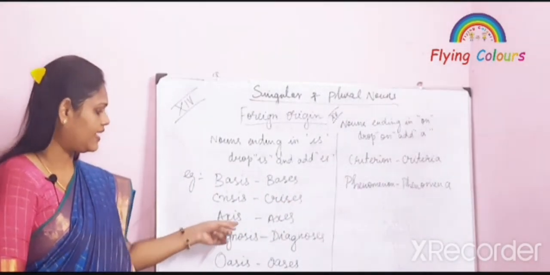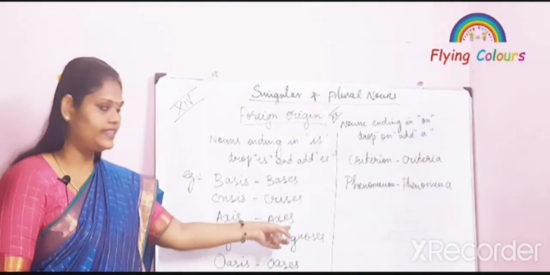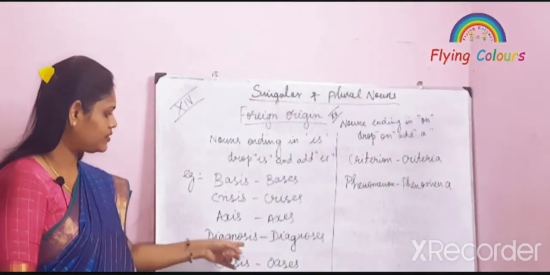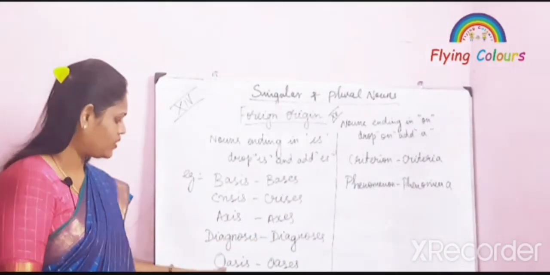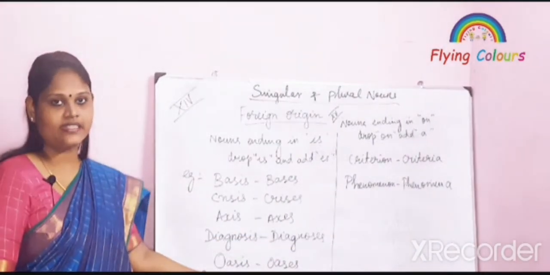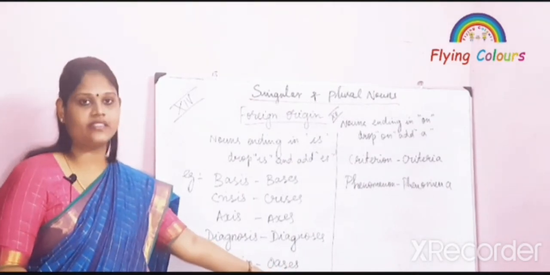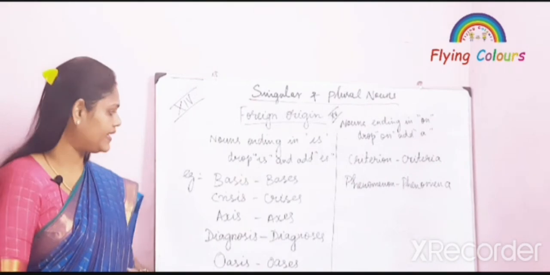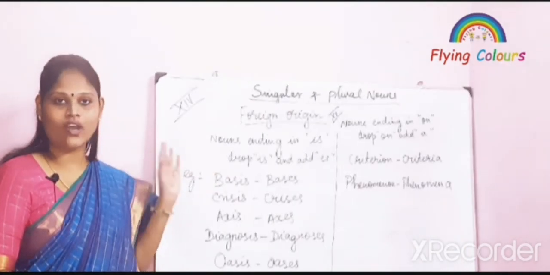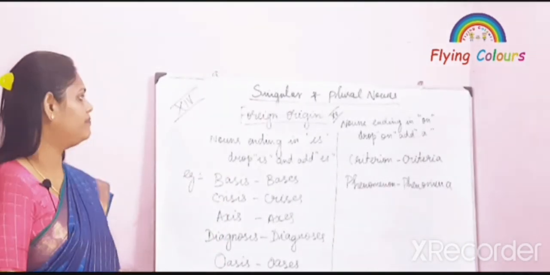Axis, I have dropped IS and added ES. One more, diagnosis, again I dropped IS and added ES to it. Oasis, IS, so ES. So these are all examples for nouns ending in IS. You should drop IS and add ES.